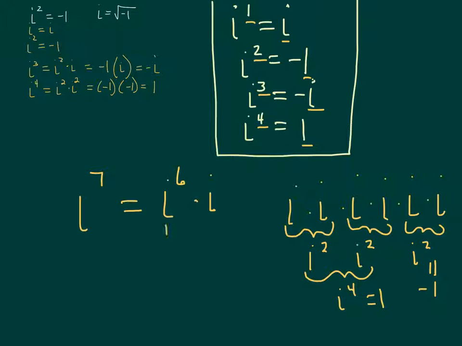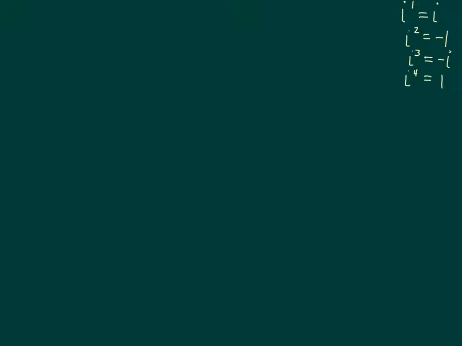So i to the 6th equals negative 1, and then we multiply by i, so i to the 7th just equals negative i.